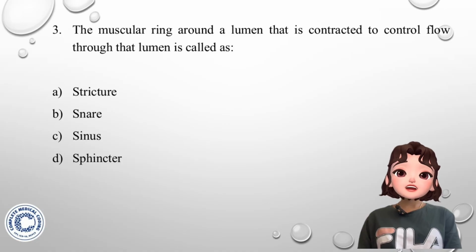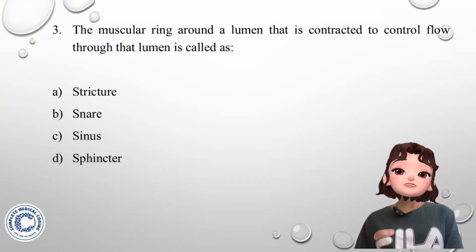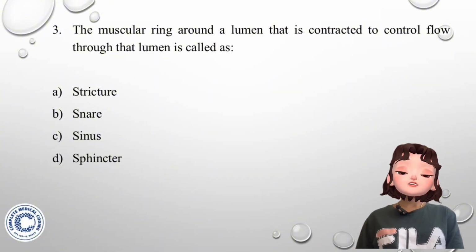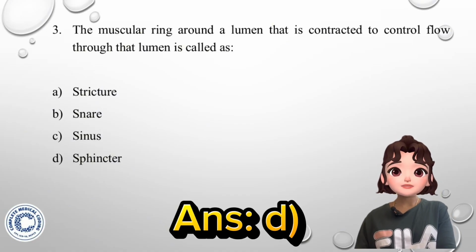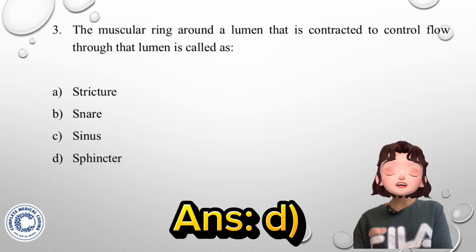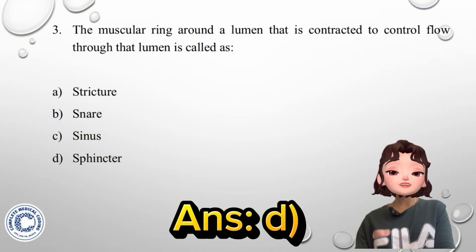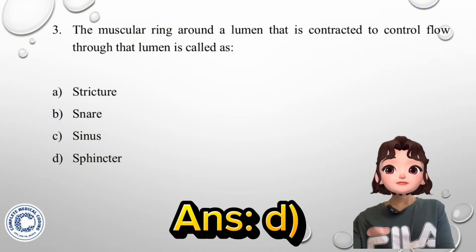Option B, snare. Option C, sinus. And option D, sphincter. The answer is option D, sphincter. It's a sphincter muscle, a muscular ring around a lumen that is contracted to control flow through that lumen.